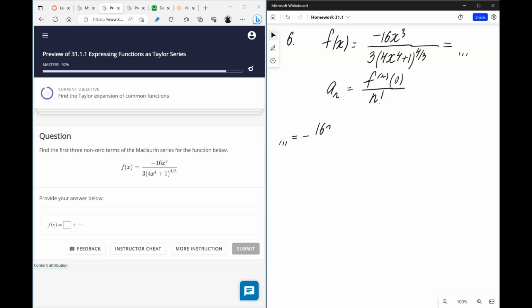Here I'm going to take out 16x cubed over 3, as we can easily handle things like that.